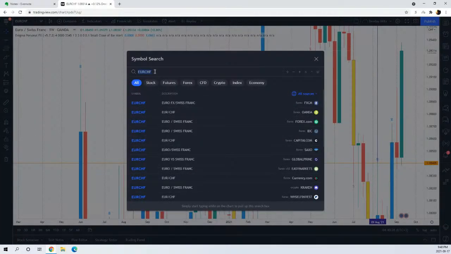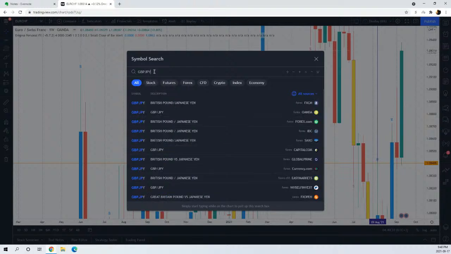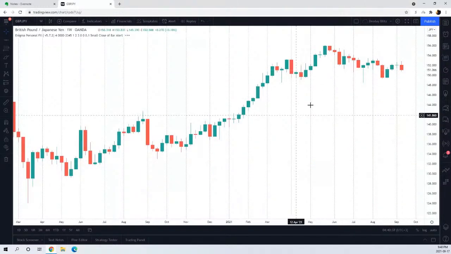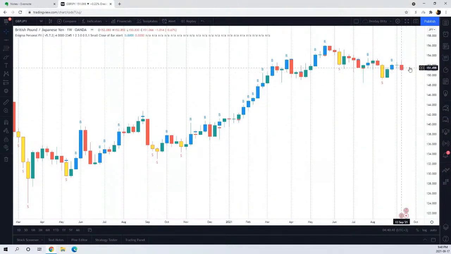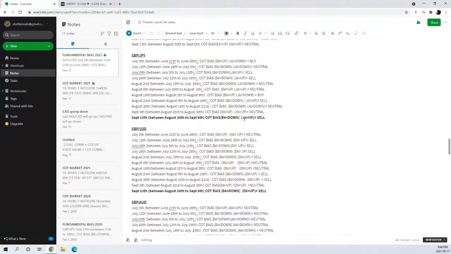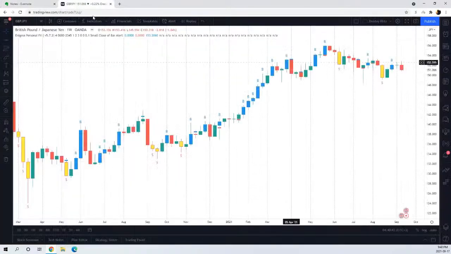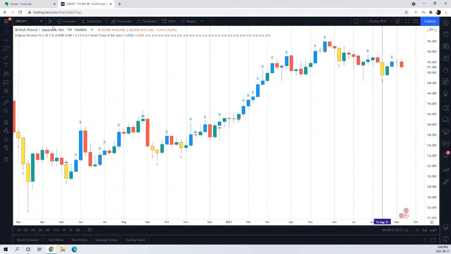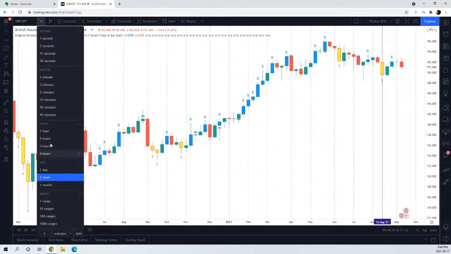So that's GBP JPY, the British pound against the Japanese yen. Here you go. Sell, and we said it was a sell. Okay. So let's look at the hourly chart.